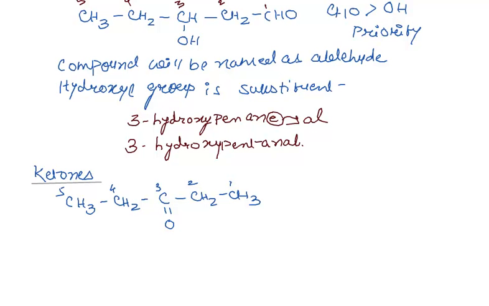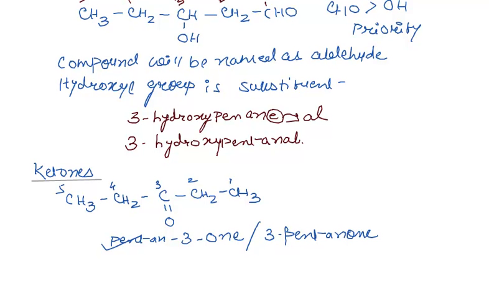So this will be pentane-3-one. Or I can also write it as 3-pentanone. That is, at the third carbon your one group is present. But it's better to write like this, pentane-3-one. Its common name would be what? Both the sides there are ethyl groups, so it would be diethyl ketone. It's better you don't go that side.